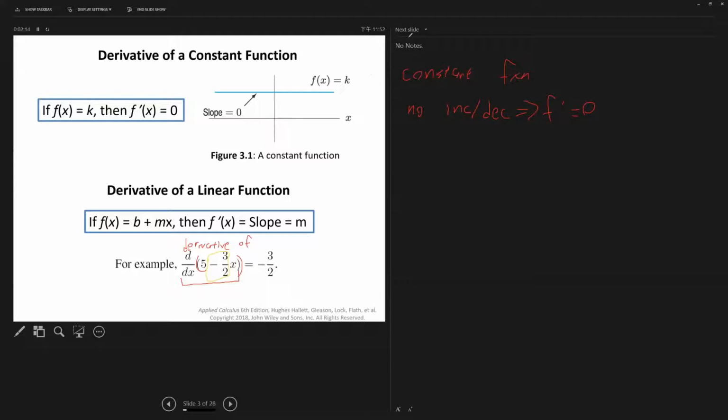Another way to write this is we can say that we have a function which is linear, 5 minus 3/2x. Then f prime will be the slope of the function, which is -3/2.